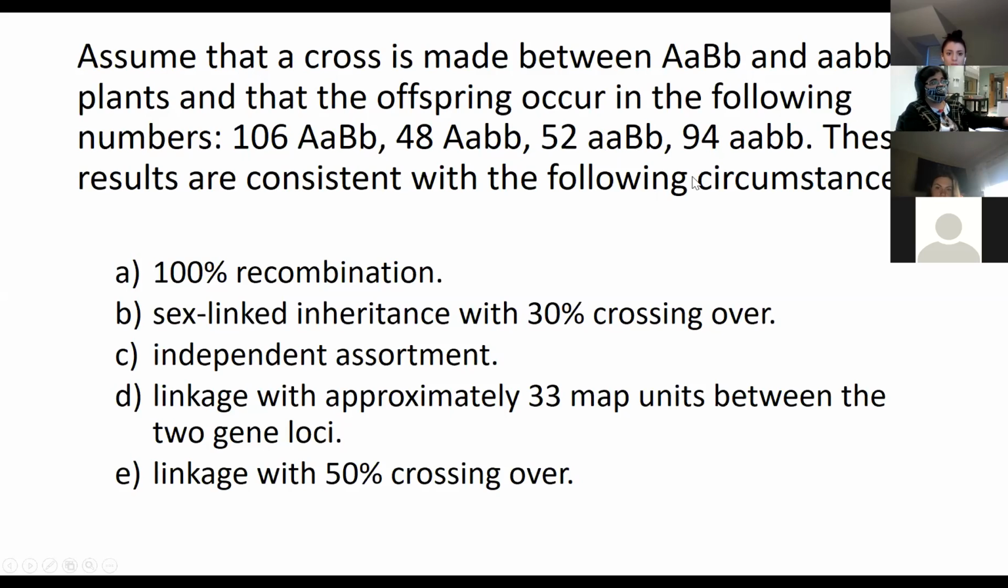So that's essentially just narrowing it down, and then you take the percentage of the number of recombinants. Another way to practice these questions is just changing up the numbers and seeing what you would get.